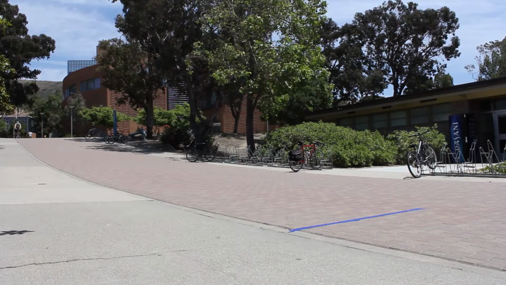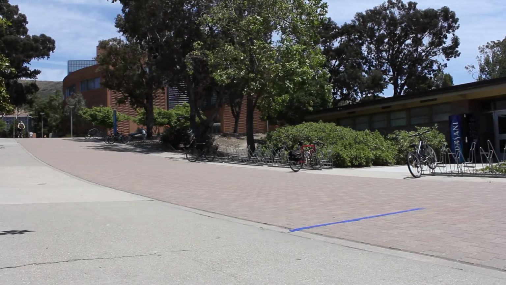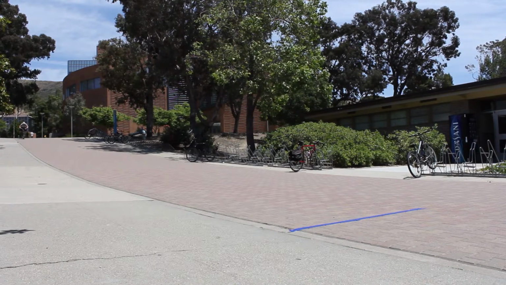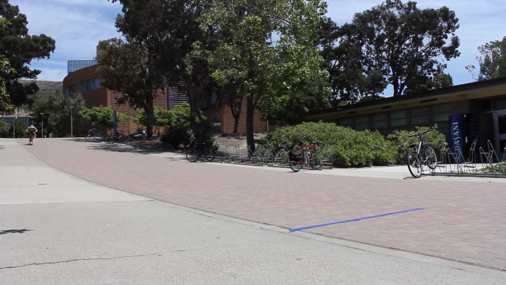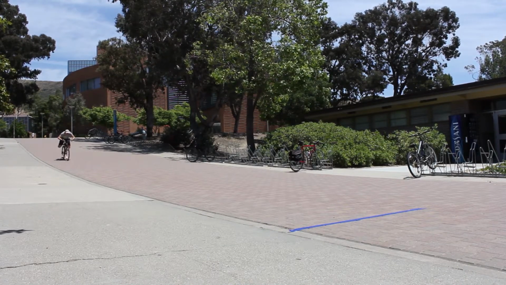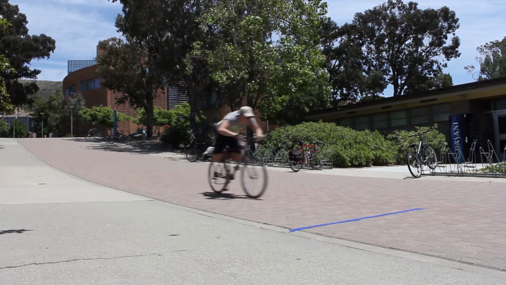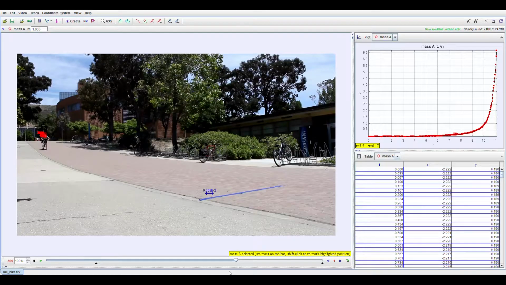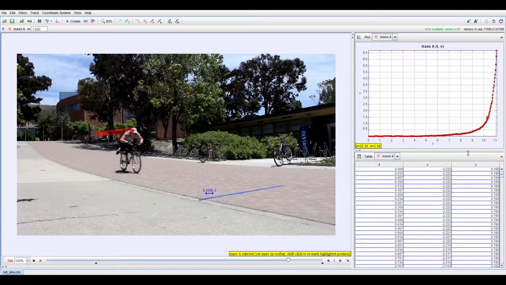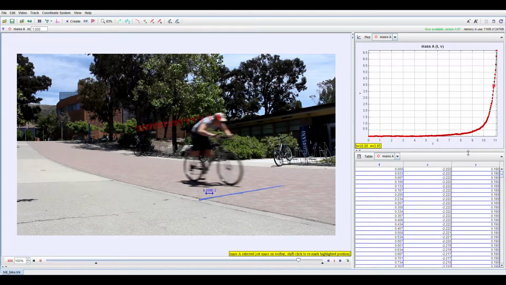So as you can see in this clip of Matt, he starts off at the top of the hill and rides down without pushing off, so that the kinetic energy at the bottom is just due to the potential energy at the top. If we bring that footage into Tracker, as you can see, we calibrated everything and tracked his head movement, and that allows us to see here in this graph his change in position over time, and from there we can calculate the velocity.